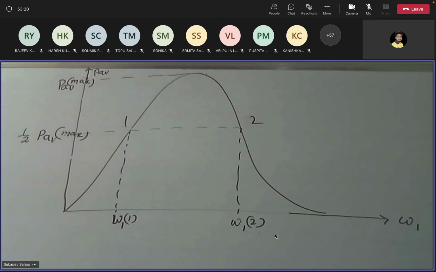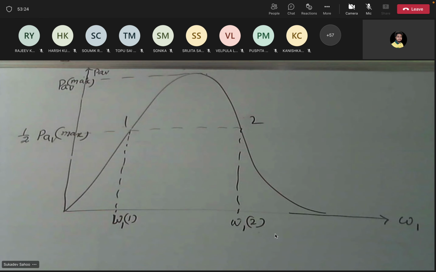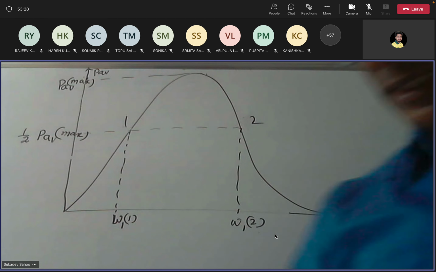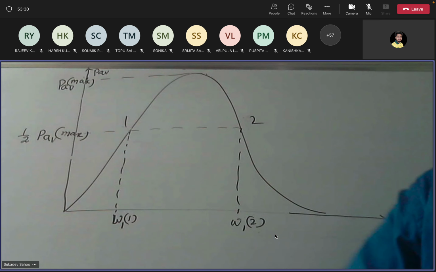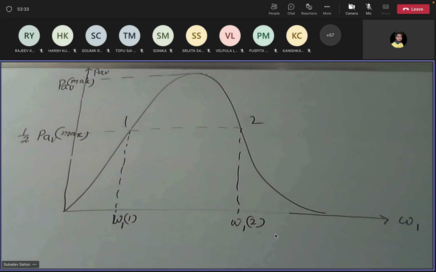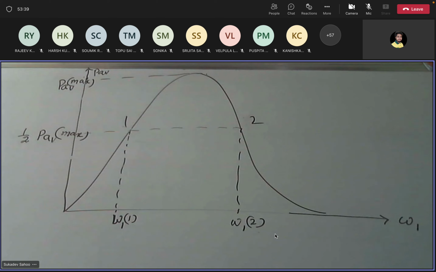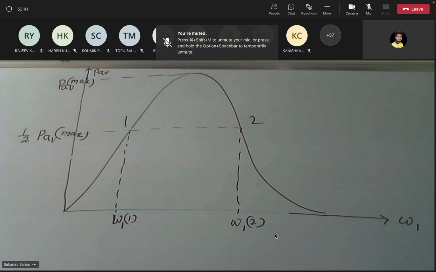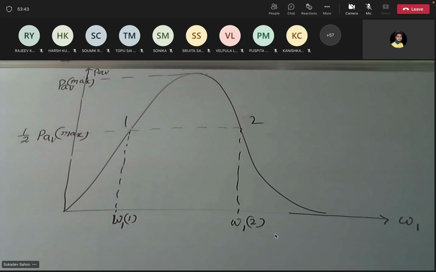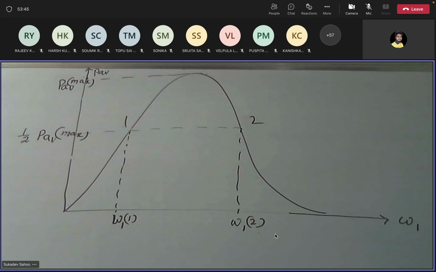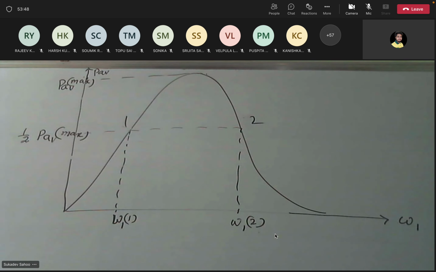Its maximum value means, within a bracket, you may write down resonant value. Again, all of you have written that statement. Bandwidth of resonance is defined as the difference in values of a driving frequency at which the average power observed drops to half its maximum value or resonant value.